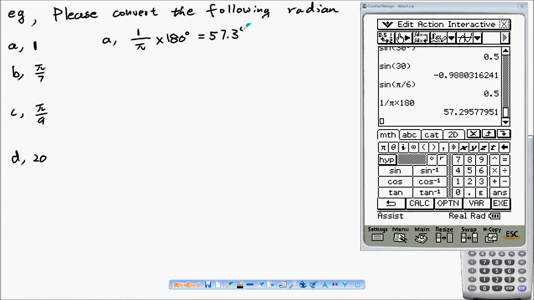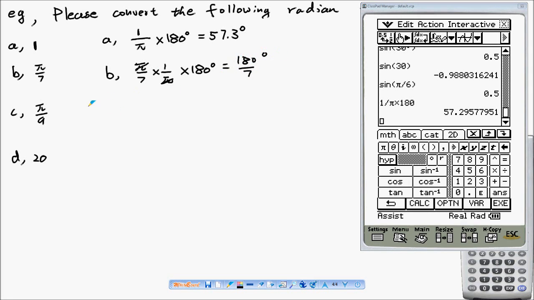So our answer will be 57.3 degrees. In question B, we have pi on 7, so what happens? Pi on 7 divided by pi, times 180 degrees, and the pi cancels out, and we have 180 divided by 7 degrees.